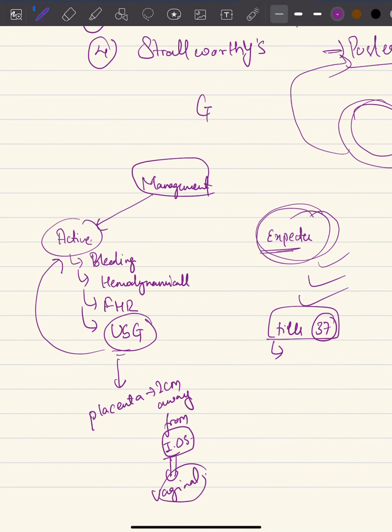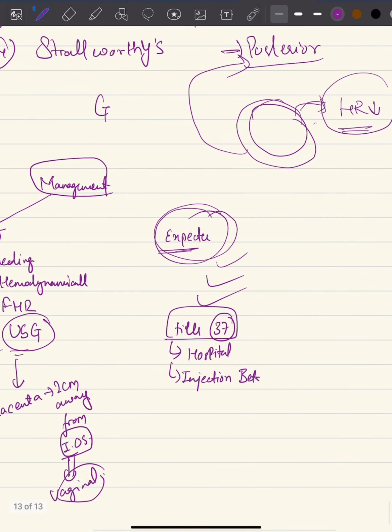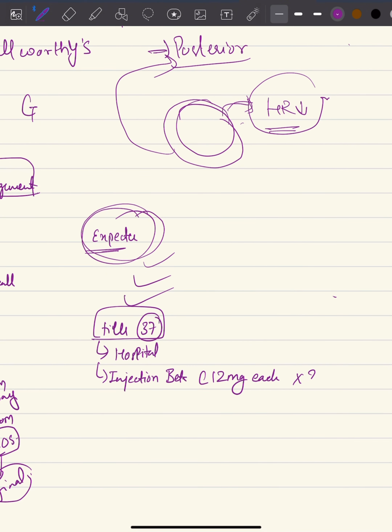During that phase, we will hospitalize the patient and give injection betamethasone, 12 mg each, in 2 doses, 24 hours apart, and tocolytics would also be given to stop uterine contraction.